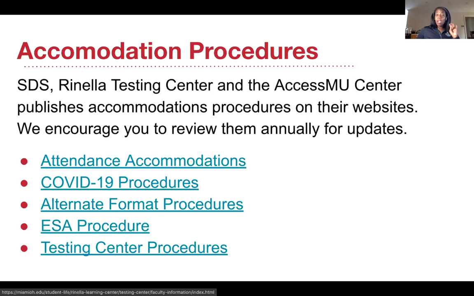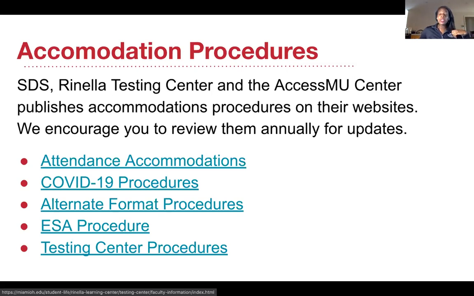COVID-19 procedures, really just something to be aware of, especially in your capacity as a GA or TA. We provide a number of COVID-19 related accommodations. For example, for students who are deaf or hard of hearing, we do outreach to their faculty around things like transparent face masks.